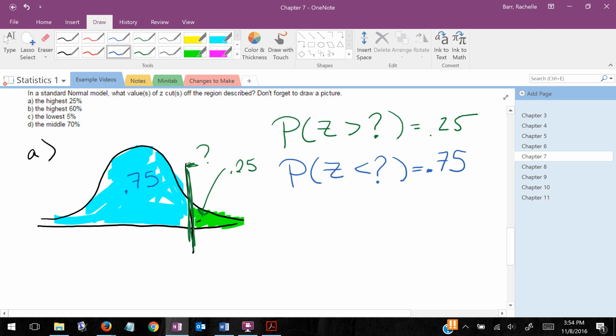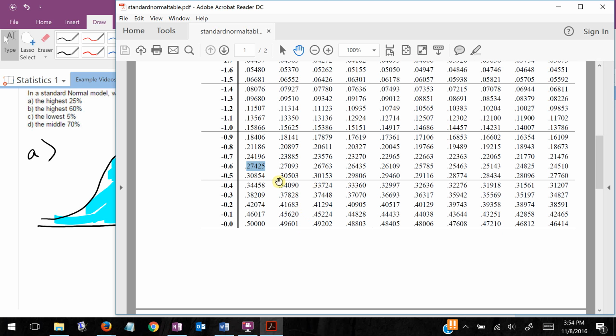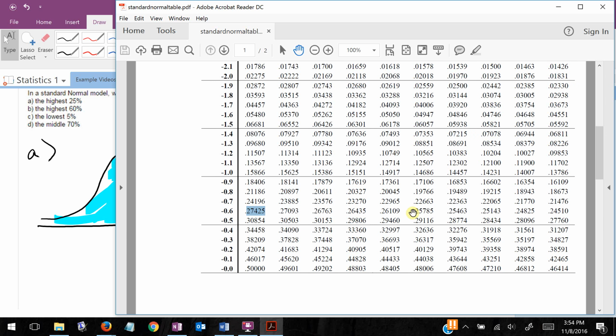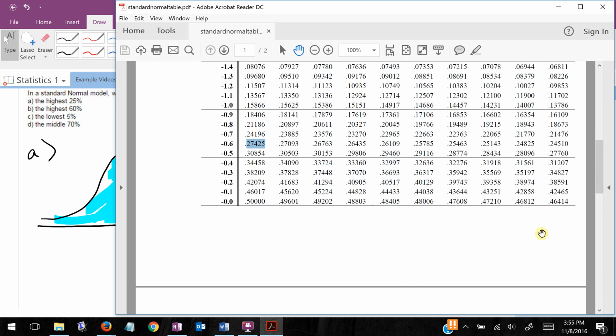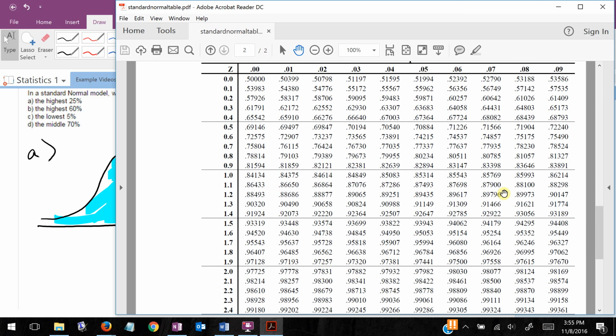So instead of doing the table last and getting a probability, I do the table first now because I'm going opposites. So I start by trying to find something close to 0.75. I'm going to look in the table in the probabilities for 0.75. At 0 is exactly the halfway mark, so I should expect it to be bigger than that. Let's see, 0.742, that looks pretty close. Let's look around it and see if I can find something close to 0.75.